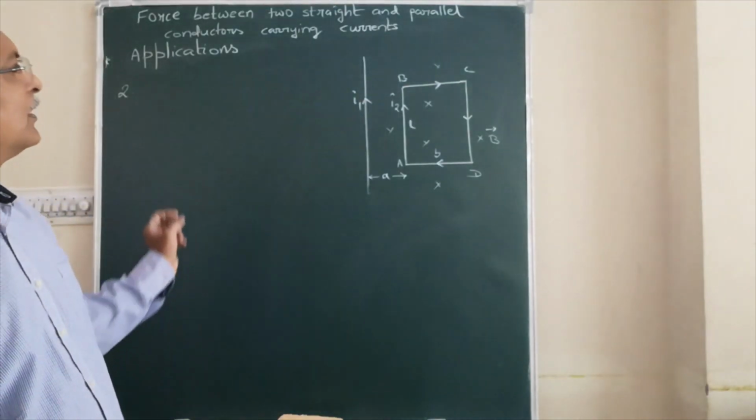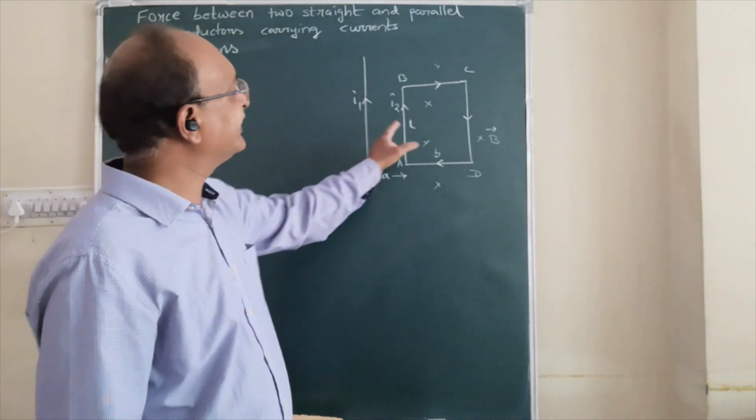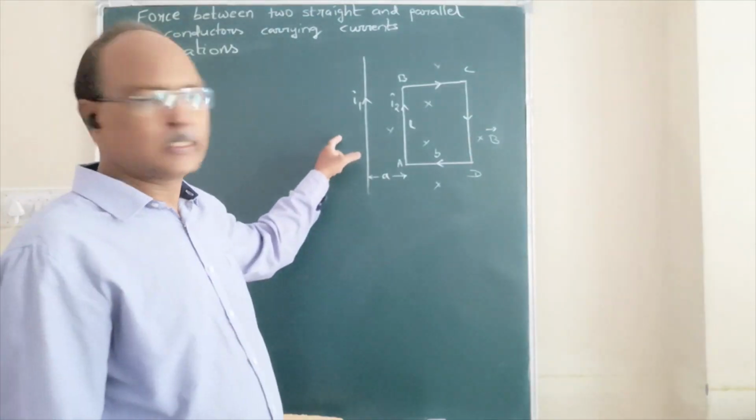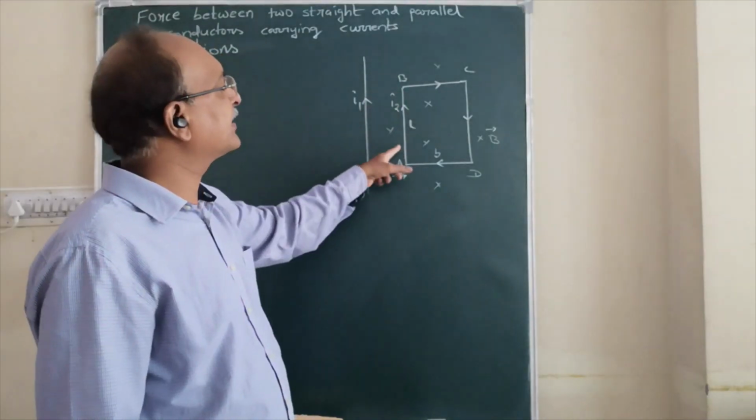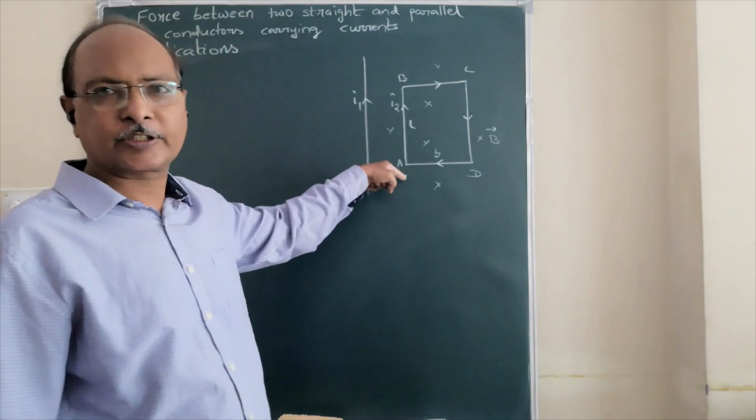Now, first we consider the force between these two wires. AB is the conductor and I2 is the current in it.